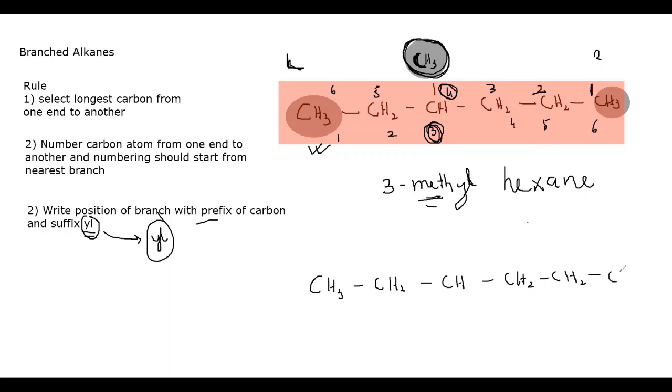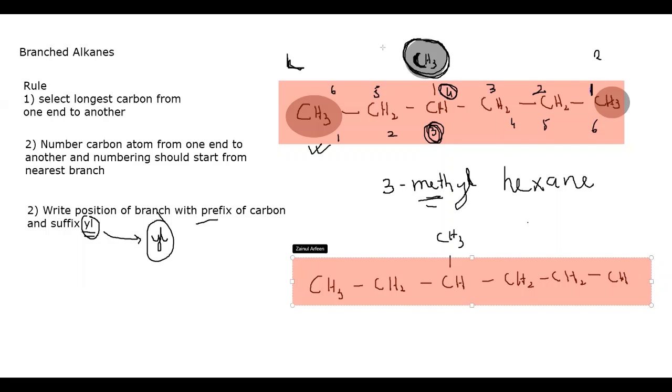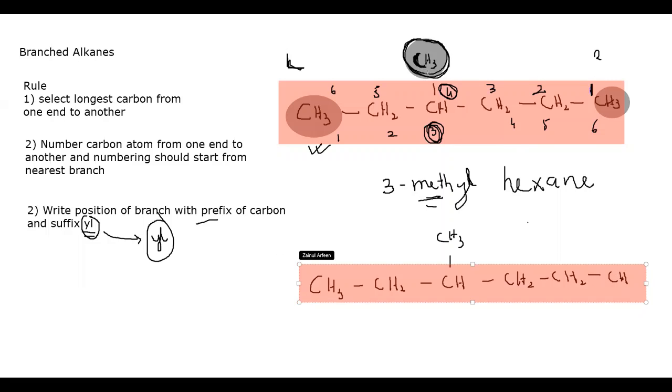and CH3. The first rule for naming a branched alkane is to select the longest carbon chain from one end to another. When we select the longest carbon chain, whatever is outside of it is considered a branch. The pink shade is representing the chain, and the gray shade is representing a branch.